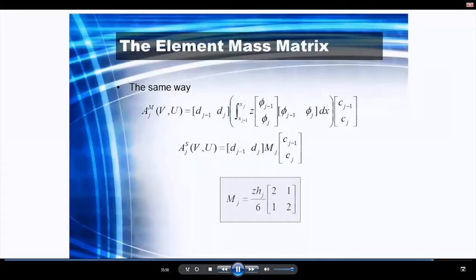You may analyze this equation. Let's consider the next slide. The matrix M is called the element mass matrix.